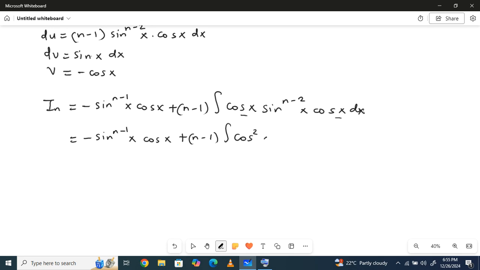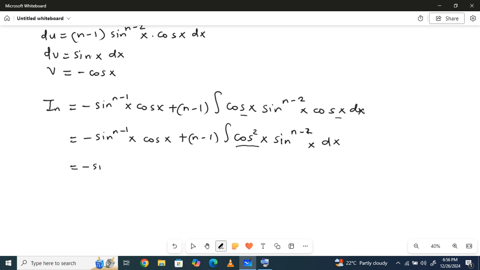Now that gives us cos squared x sine n minus, not 1 really, minus 2 x dx. But now you can see here we have cos squared x, so we're going to change it. We're going to use the quadratic identity: cos squared x plus sine squared x is equal to 1.